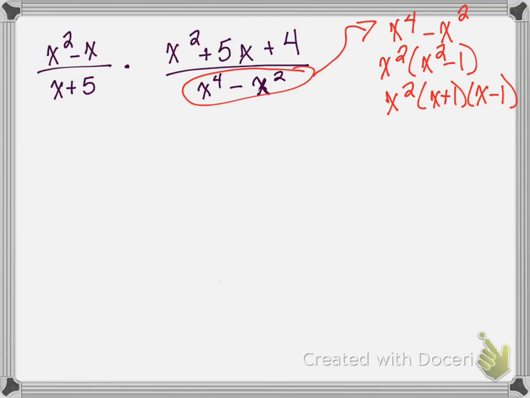The one that I circled, that x to the 4th sometimes confuses students, so I just went ahead and pulled it out. I did x to the 4th minus x squared, pulled an x squared out of both of them, got x squared minus 1, and that's a difference of perfect squares. So in red, that's the denominator to the second one.